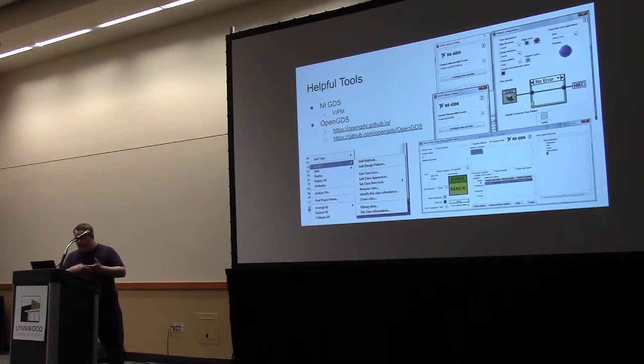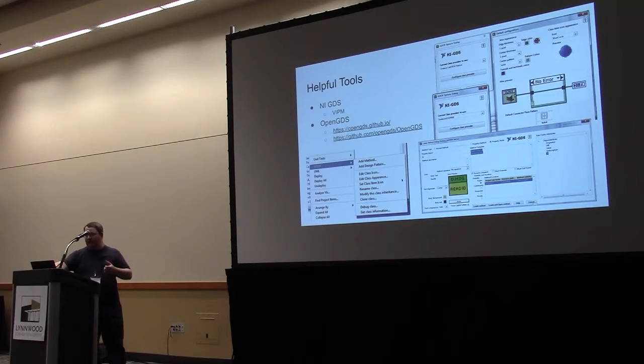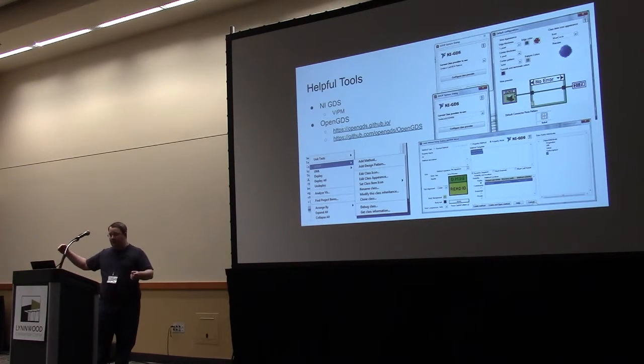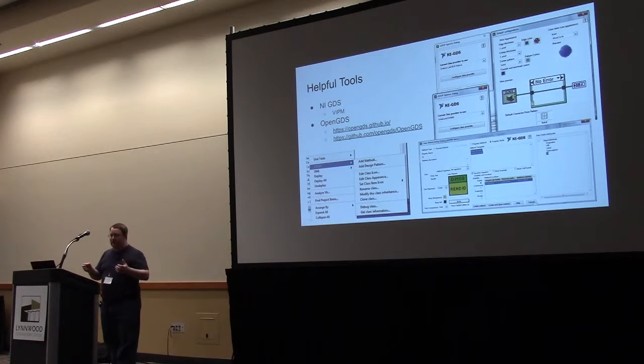I mean, they can make property nodes with a couple of mouse clicks and menus. It will investigate your data cluster, the type def that you put into the class, and list them all. It can create multiple property nodes, read and or write access, by selecting multiple things in both of those and hitting the one create button, and it just does them all at the same time. It is one of the biggest time savers.